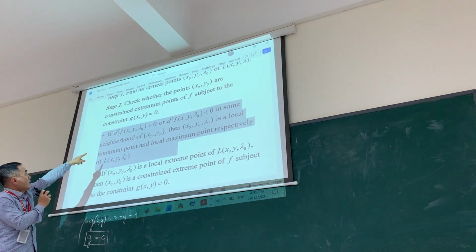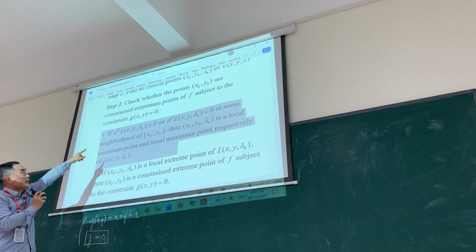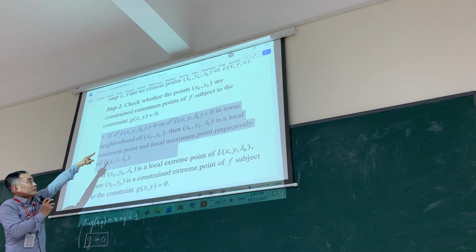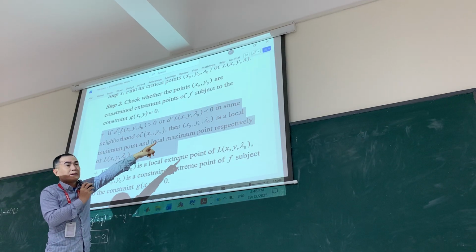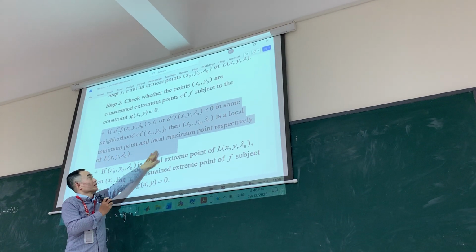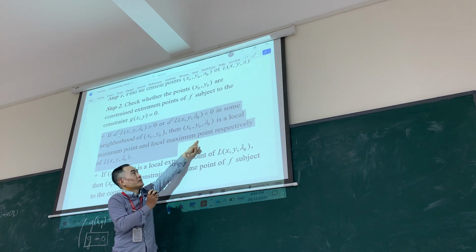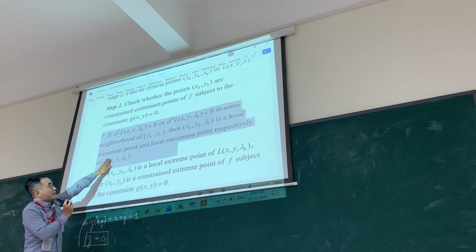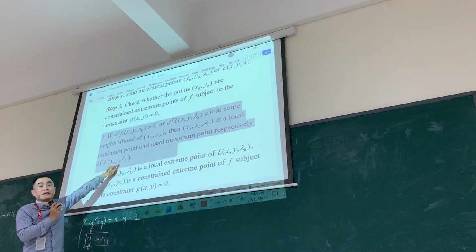Okay? We use d square L. If d square L is positive or negative in some neighborhood of this point, then this point x0, y0, lambda 0 is a local minimum point or local maximum point, respectively, of this function.